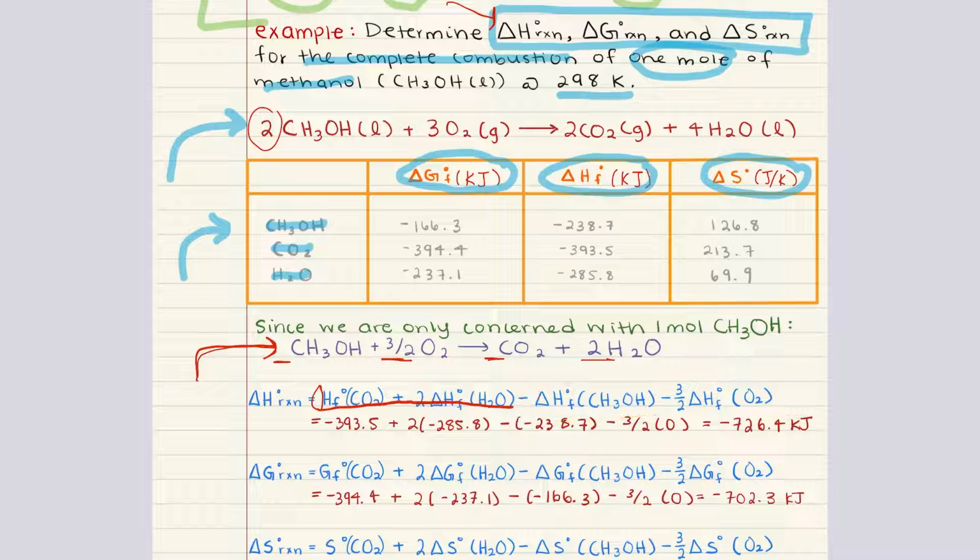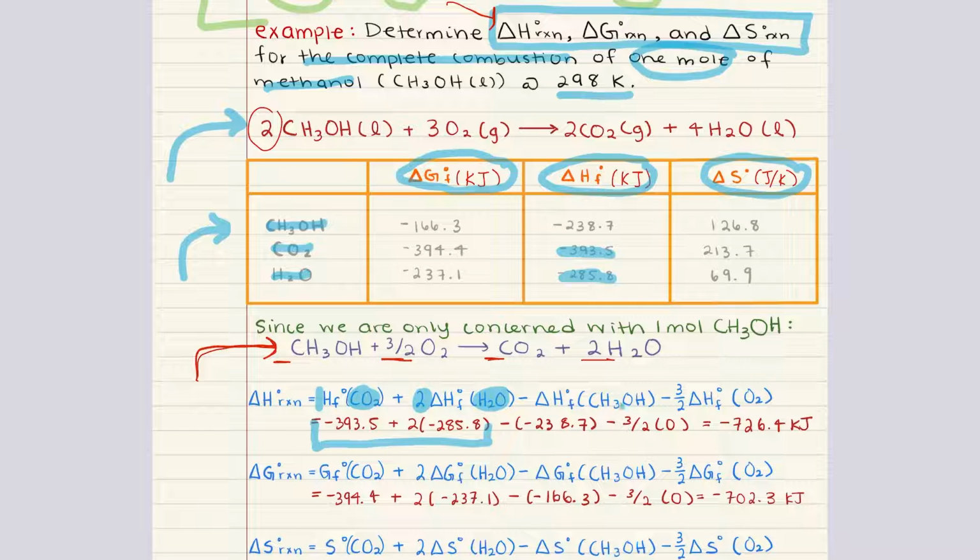So for the products, this is going to be carbon dioxide and water. Carbon dioxide has a coefficient of 1, water has a coefficient of 2. We can go ahead and get these values from our table and plug them in.